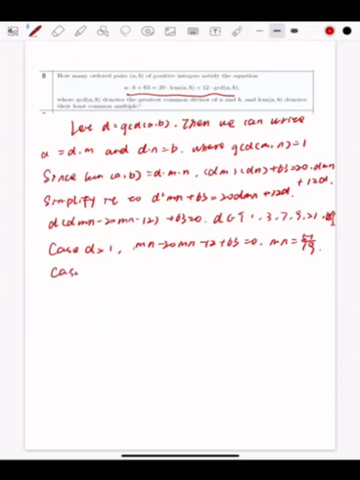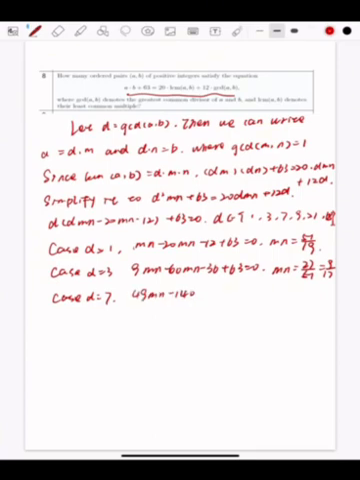And also for the case D equals 3, also no solution. For D equals 7, also no solution. And also we test the later one here, also no solution.